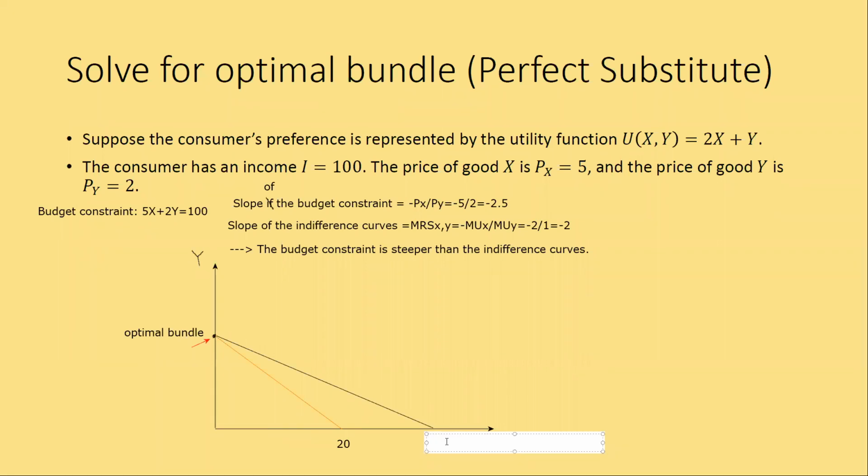So how do we find this point? What does this point mean? This point is saying how many units of good X the consumer needs to consume to achieve the level of utility when she consumes the optimal bundle.